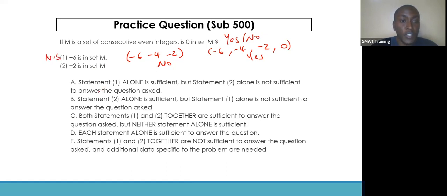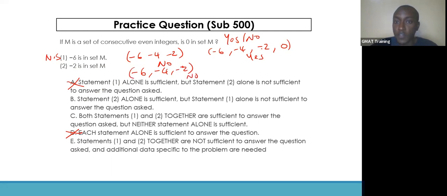If statement 1 is not sufficient, we take out A and D. Now we're left with B, C, and E. Statement 2: -2 is in the set M. In this case, if you take -6, -4, -2, is 0 in the set?